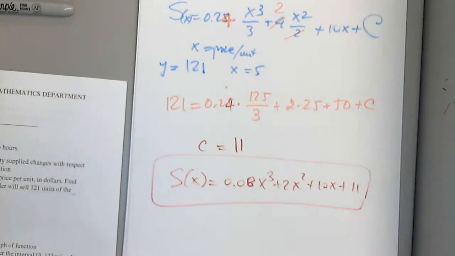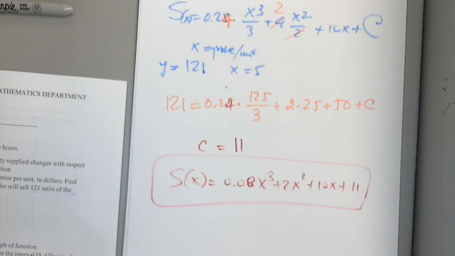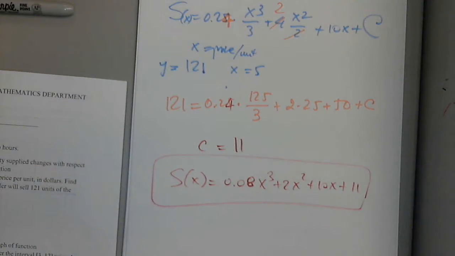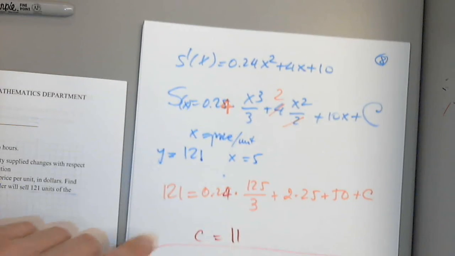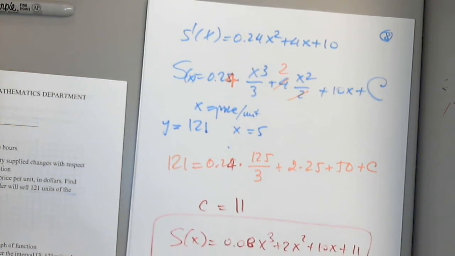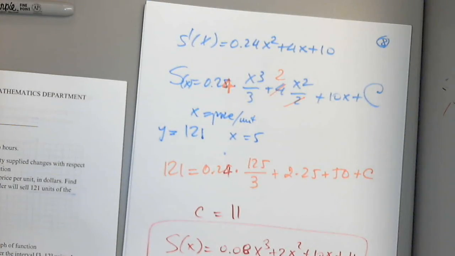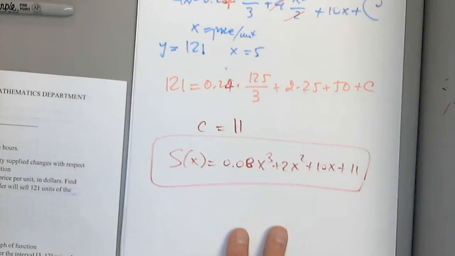Ready? Any questions? Where did the 0.08 come from? I divide 0.24 by 3. Okay. Is this okay? Very good.